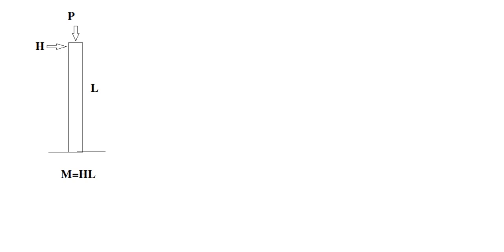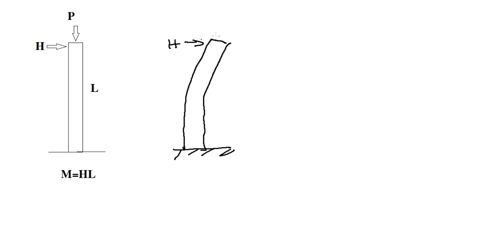I'll go by this free sketch. Sorry for my bad sketch. Okay, now here that is the H load and that is the P load. Let me first write it.